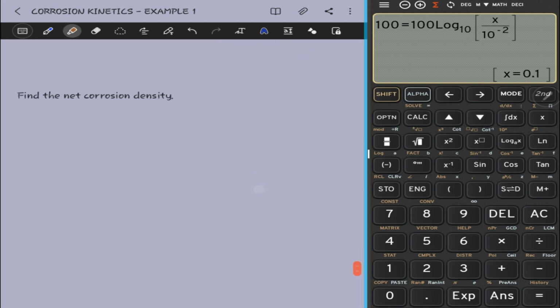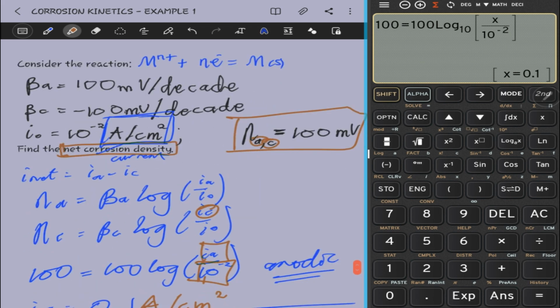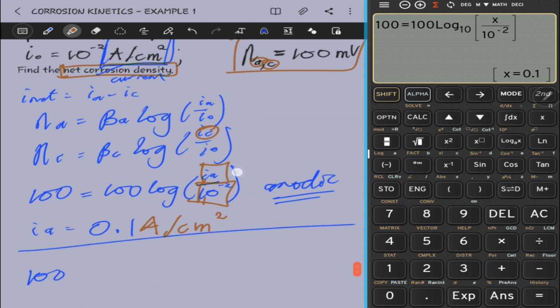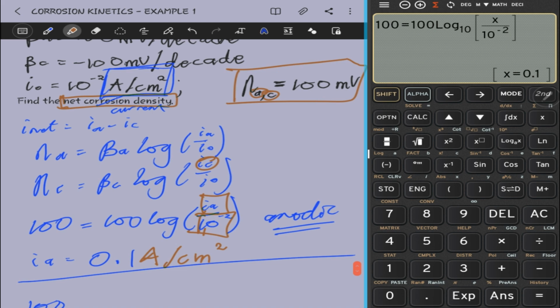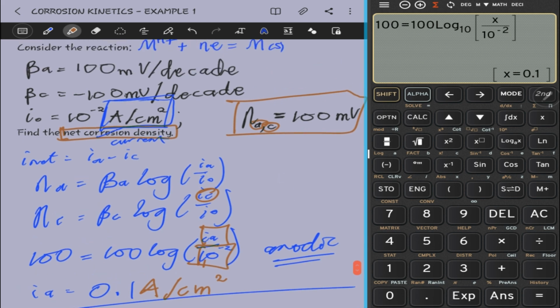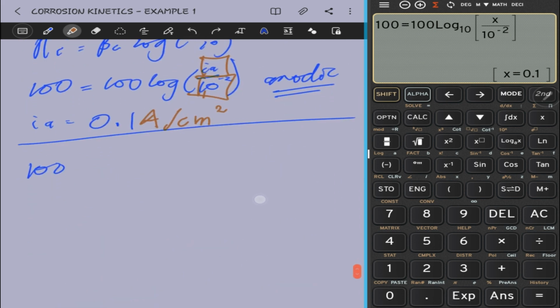So the only thing you have to do is make sure that only one of them is negative in whatever you are solving. You have been given the overpotential as positive, and the Tafel constant is negative, so that will work fine.